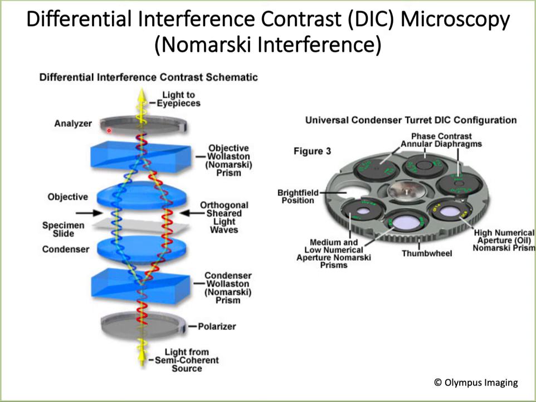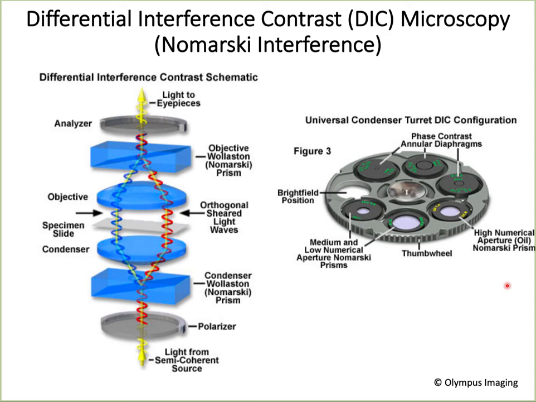And this is actually a second polarizer oriented perpendicular to the first one. And finally, the linear polarized light emerges from the analyzer, and the recombination, through constructive and destructive interference, forms the image at the eyepiece.